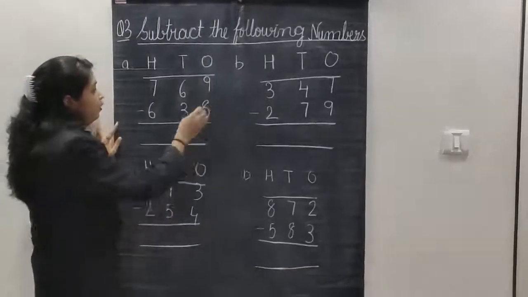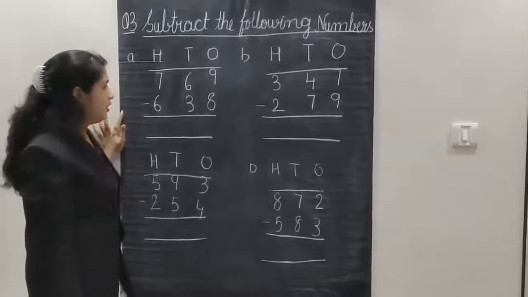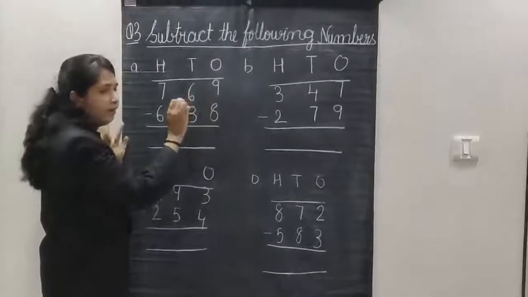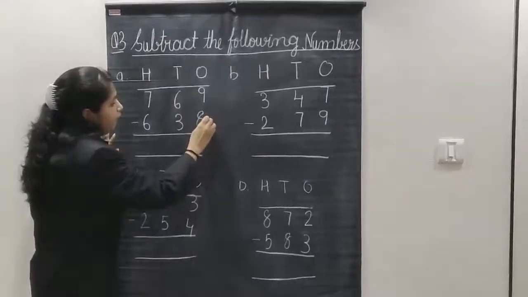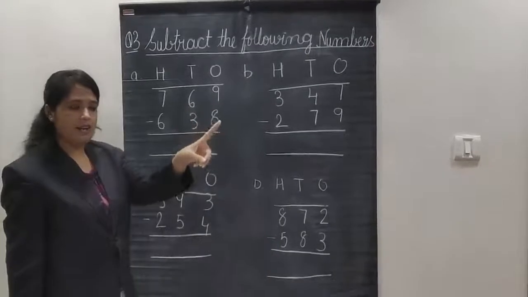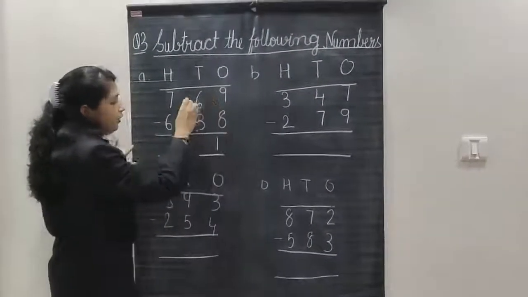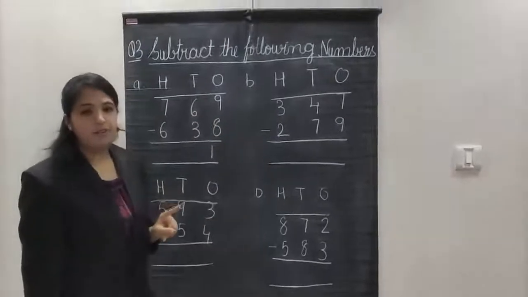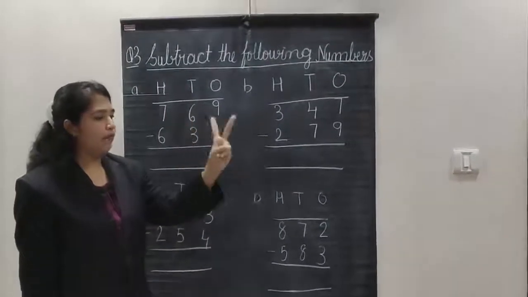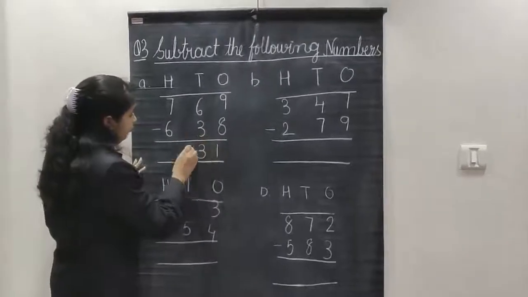So 9 minus 8. Can we do minus? Yes, as the upside number is bigger than the 8. So after 8 till 9. After 8, 9. So 1 on my finger. After 3 till 6. After 3, 4, 5 and 6. 3 on my finger.